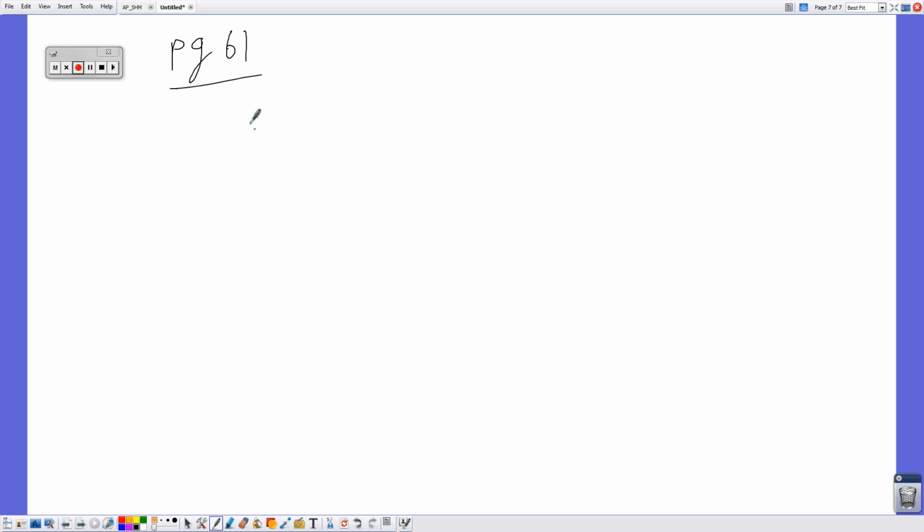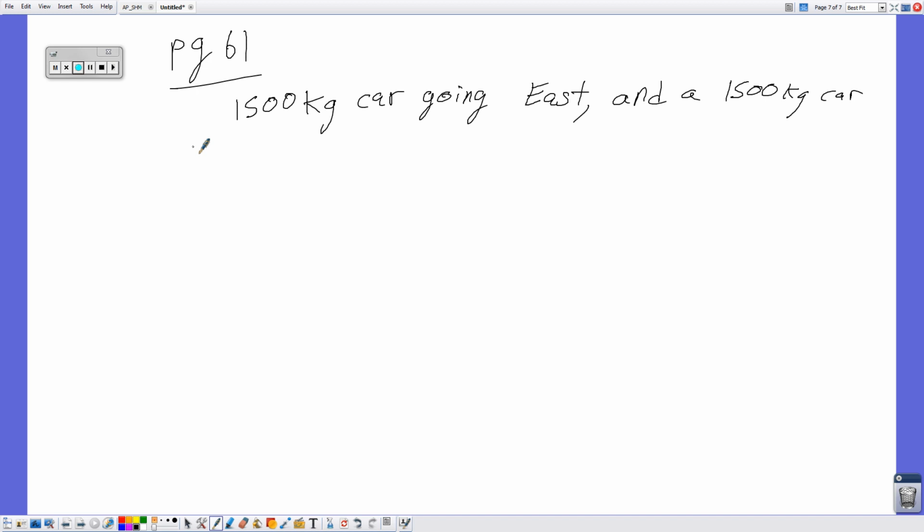Here's the example problem. We have a 1,500 kilogram car going east, and a different 1,500 kilogram car going north.